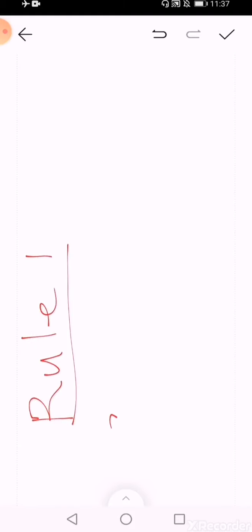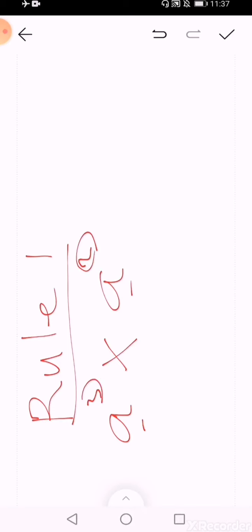For example, we have a to the power 3, or a cubed, multiplied by a squared. Here a is the base, and 2 and 3 are the powers. Let's see what we get. a to the power 3 is a times a times a, so we multiply a 3 times.